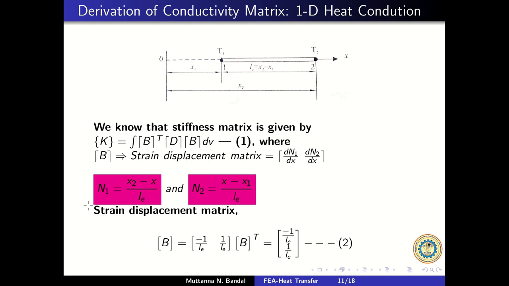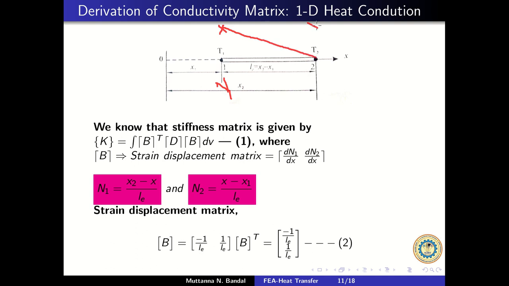So using this equation, now I will try to find the shape functions. The shape functions are N1 and N2. I told you the shape function will take a maximum value at the corresponding node. Like if I take this as N1, the value of the shape function is maximum at node 1, and gradually it will decrease and become 0 here.